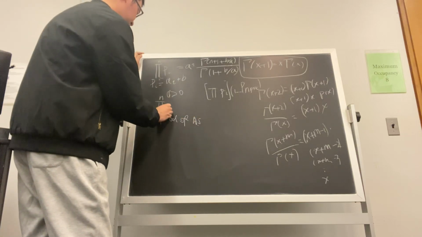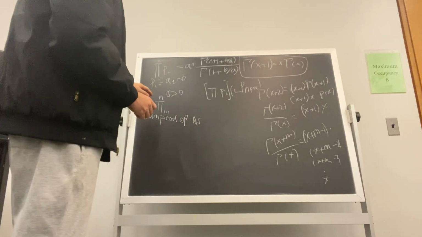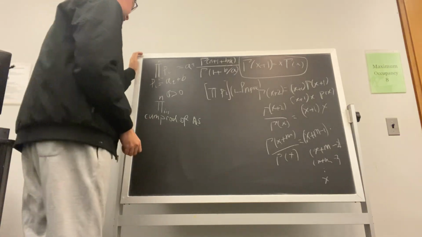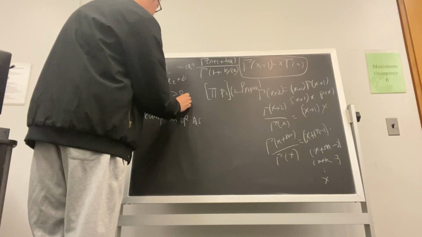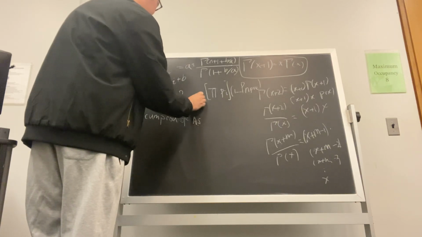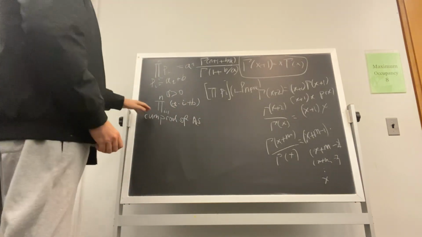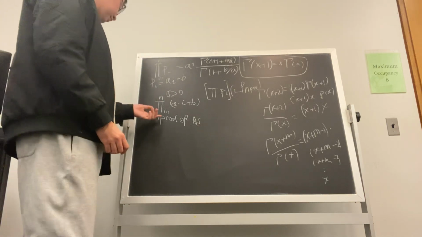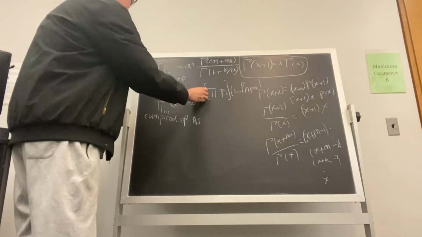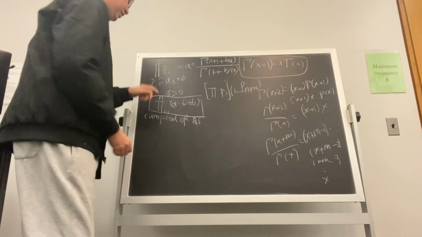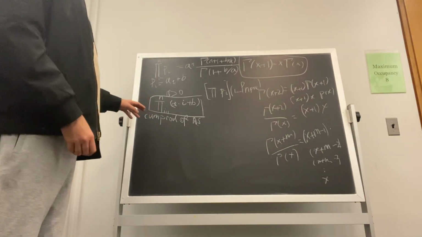So i goes from 1 to n, and this is a times i plus b, all the way to n. So we are just interested in this algebraic structure.